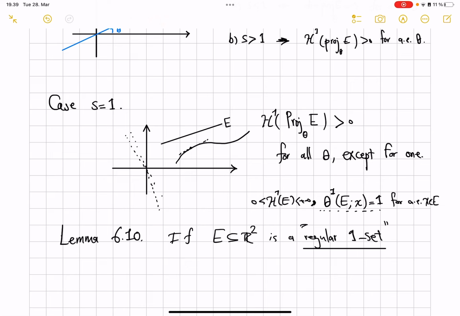So the lemma in Falconer says that if you have a regular 1-set, then H1 of the projection onto theta of E has positive measure for all but one theta.